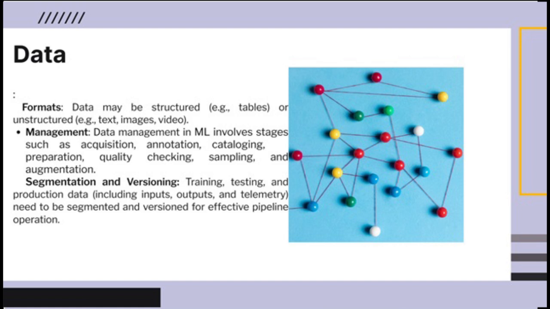Data involves various stages, such as acquisition. If the data set is an image data set, the images can be acquired, and they may be annotated and cataloged. So it has to be gathered.